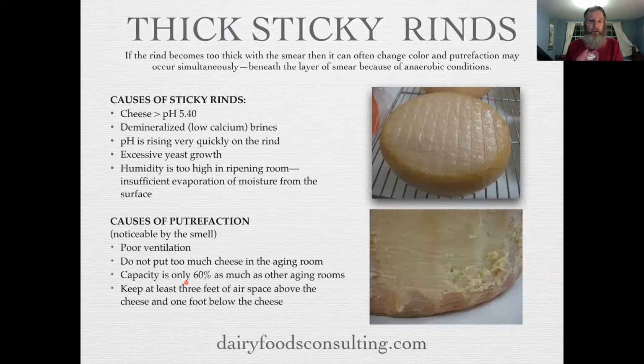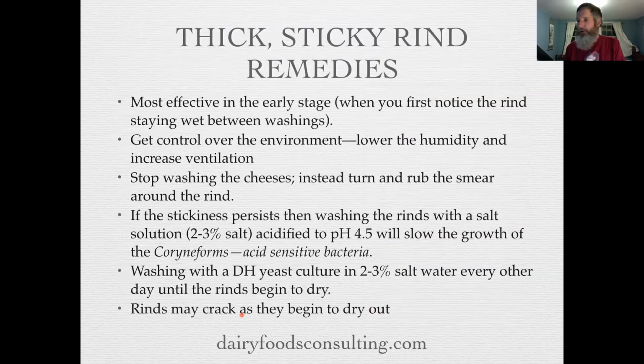Well, you really can only put in 60% as much. There just isn't going to be enough oxygen and space between the cheese. So we need to keep a good amount of air above the cheese and then a foot below. So don't overpack that room and things will work out much better for you. So here are the causes, but let's take a look at the remedies.